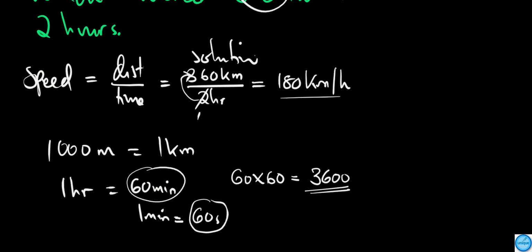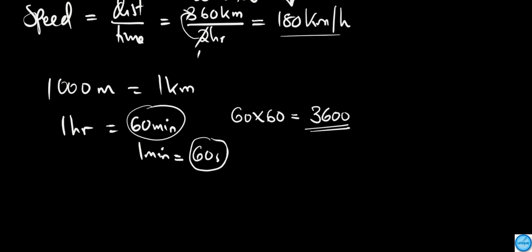So to convert this into meters per second, we do 180 multiplied by 1000 meters, since 1000 meters is equal to 1 kilometer.